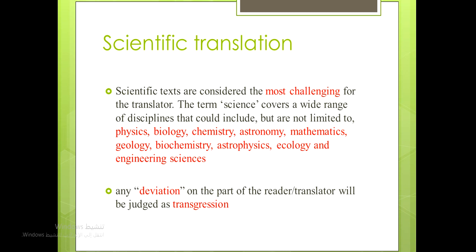The other type is scientific translation or scientific texts. Scientific texts are considered the most challenging for the translator. The term science covers a wide range of disciplines that could include, but are not limited to, physics, biology, chemistry, astronomy, mathematics, geology, biochemistry, etc. And why is it very challenging?